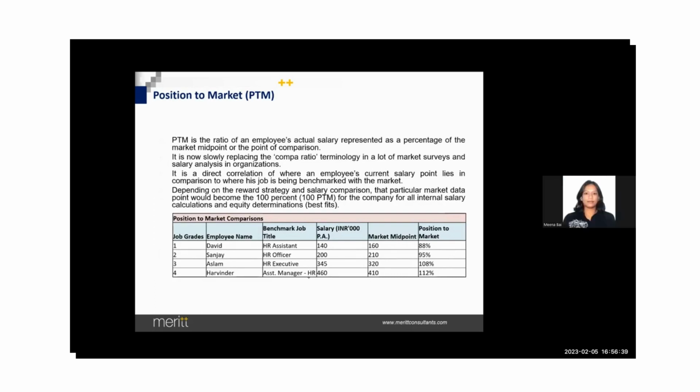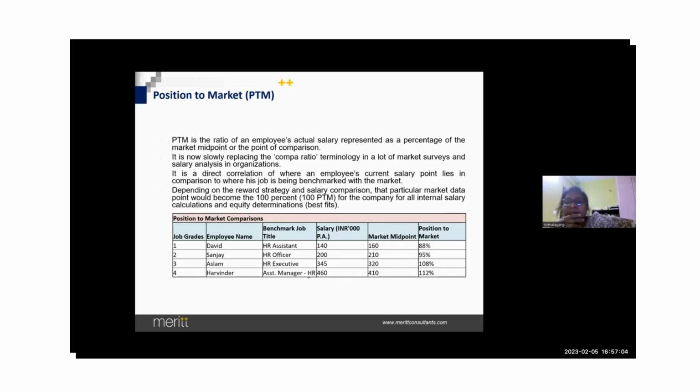Now, this is what I was mentioning about position to market. For example, if David's salary is 140,000 and the market midpoint is 160,000, that means his position to market is 88%.